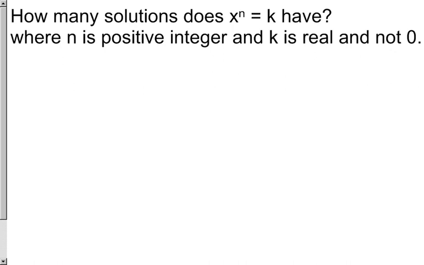Now, how many solutions does x to the n equals k have, where k is not 0 but real, and n is a positive integer? Be careful how you answer this question. I want a complete answer, not partial.